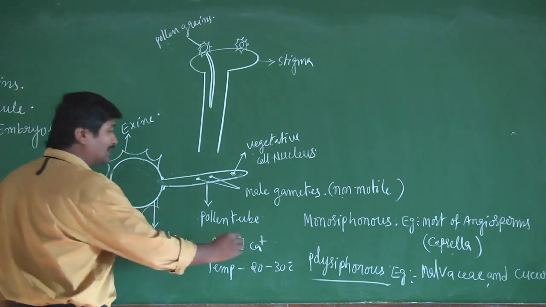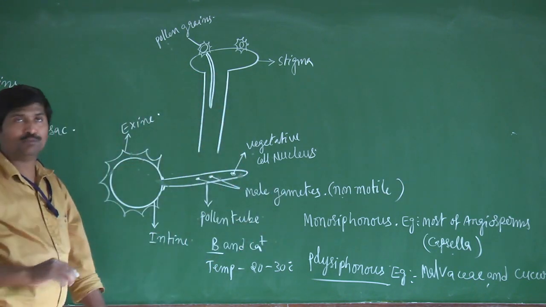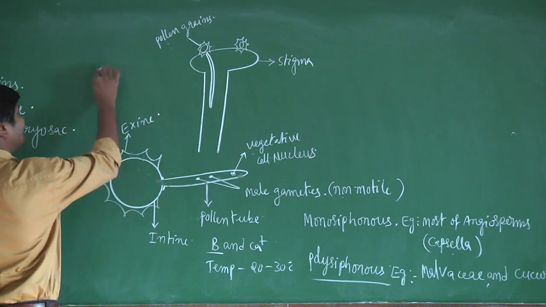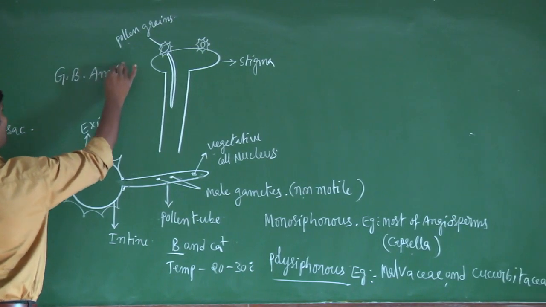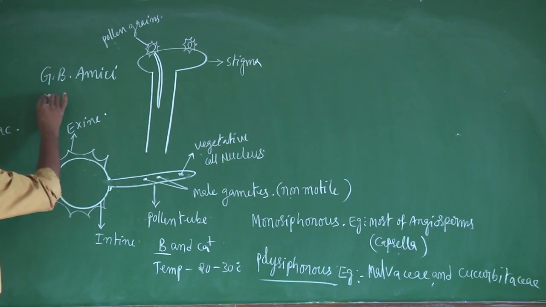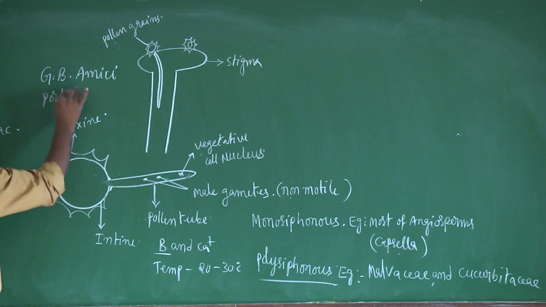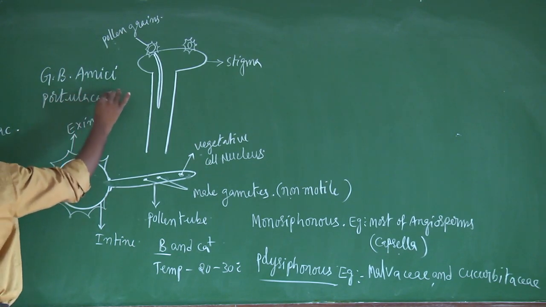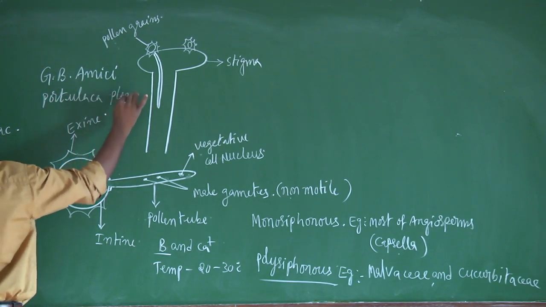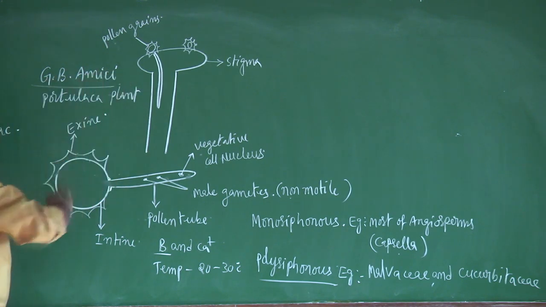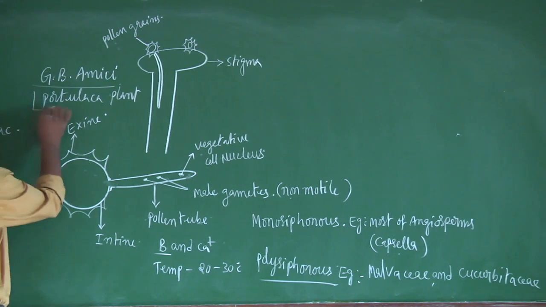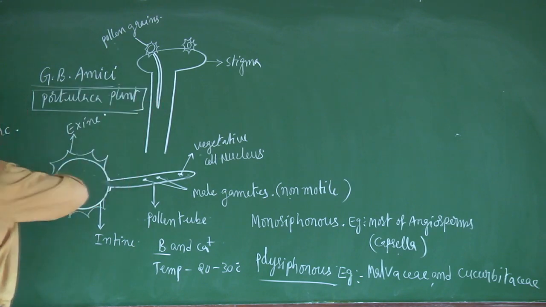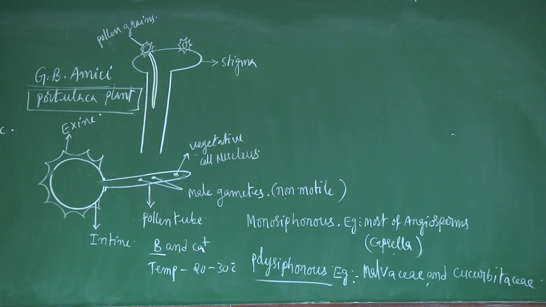Okay, next one. The pollen tube was discovered by G.B. Amici in the Portulaca plant.